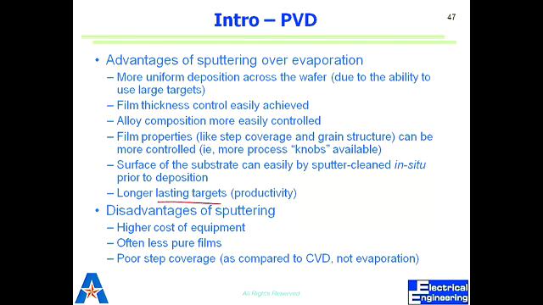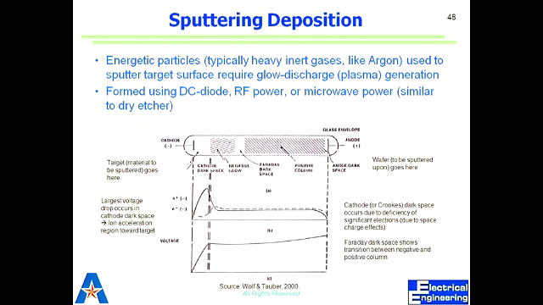So we can clean the surface in situ in case of sputtering, then deposition. Now this is the deposition by sputtering. Dislodging from the target, we do it by plasma. We remove those materials and we get them.